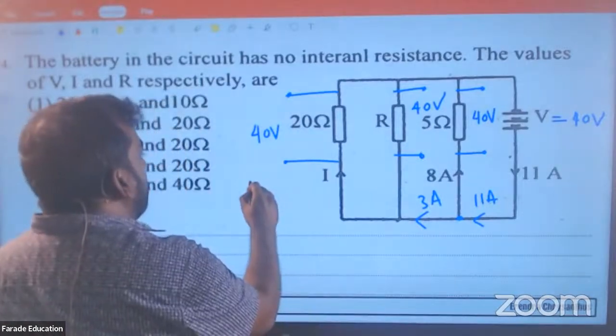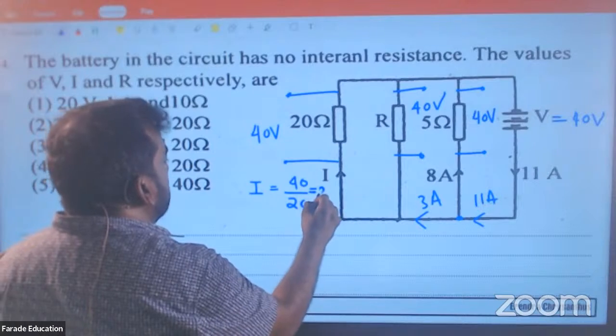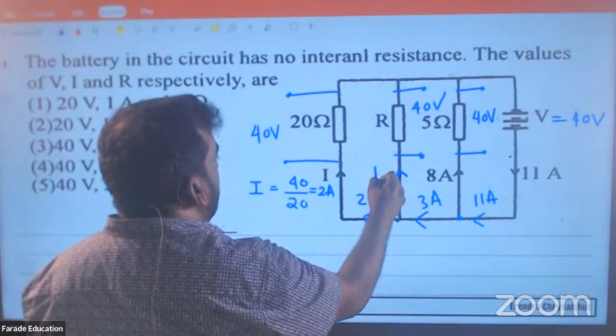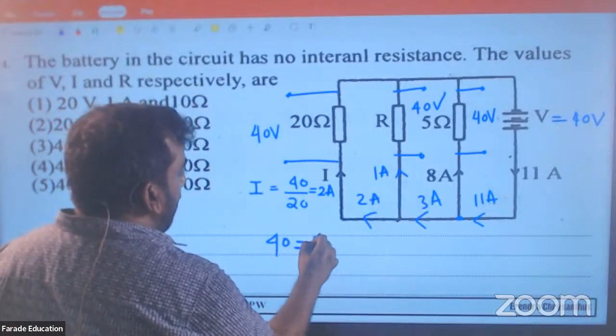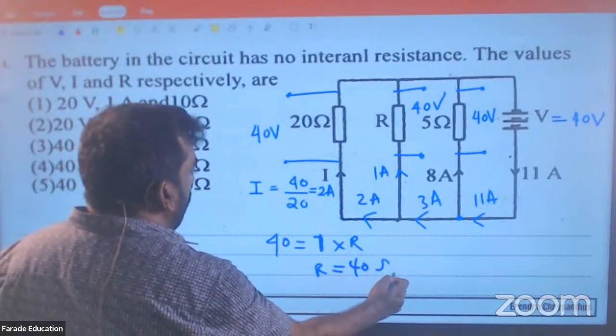What's the current here? 40 divided by 20 is going to be 2 amperes. So 2 amperes going this way means 1 ampere is going that way. Voltage is 40, current is 1 ampere, resistance is R. R is equal to 40 ohm.